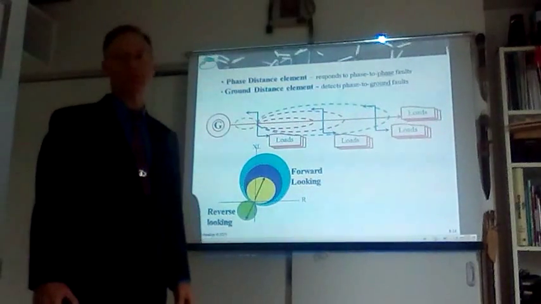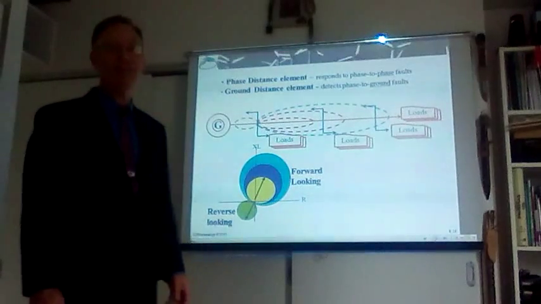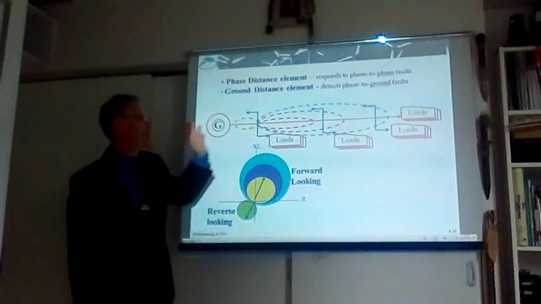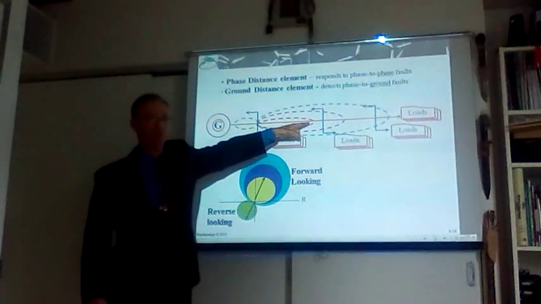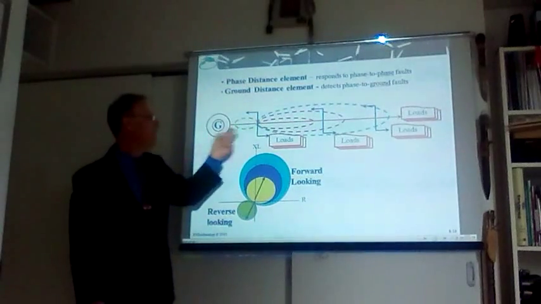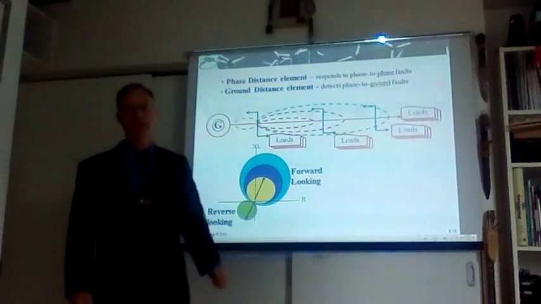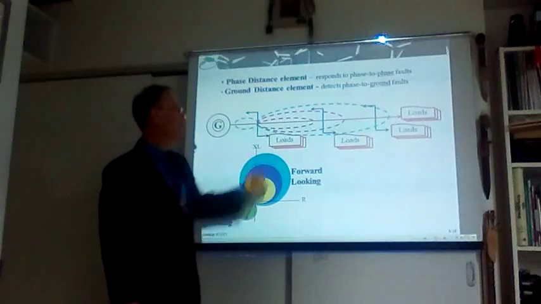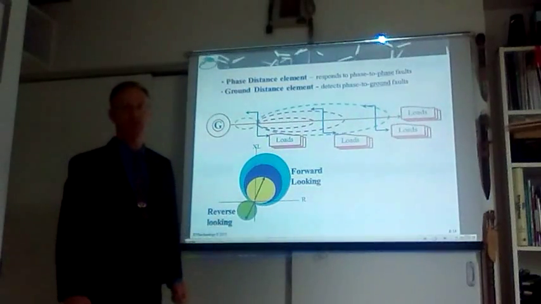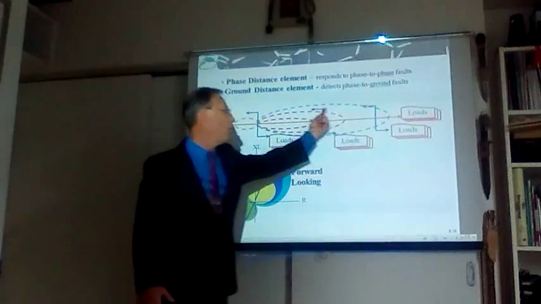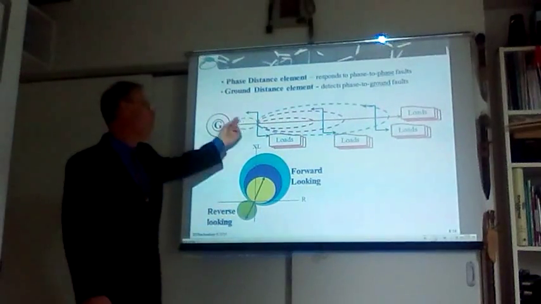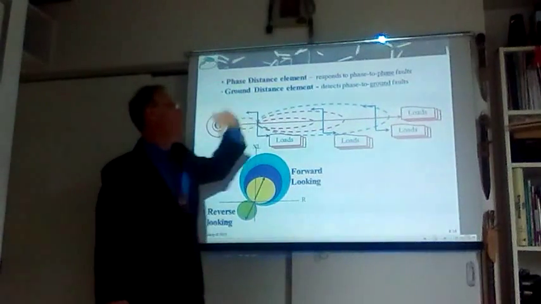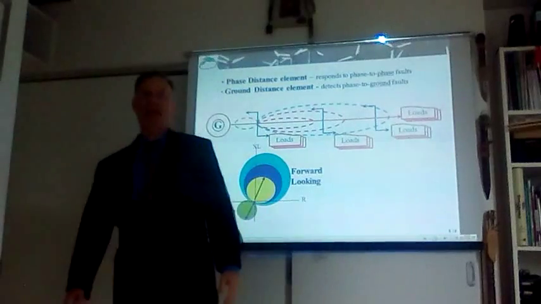The distance of the line is represented by its impedance. So we look into the line and we are reaching up to that point. We can reach, meaning look at how healthy the line is from here to that location, which is below the full length of the line, beyond the full length of the line, or even much farther to cover our line, the next line, and part of the next one.